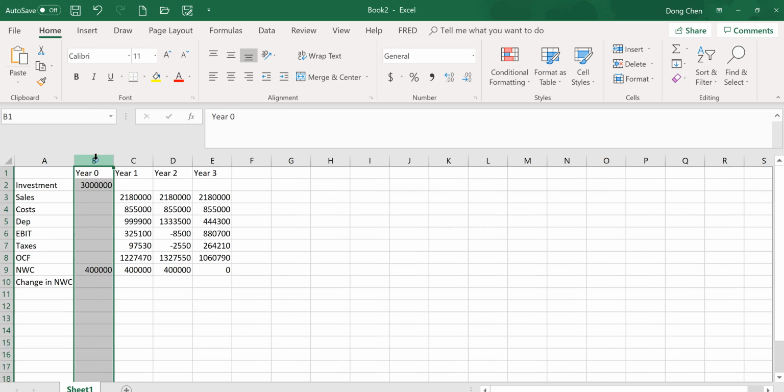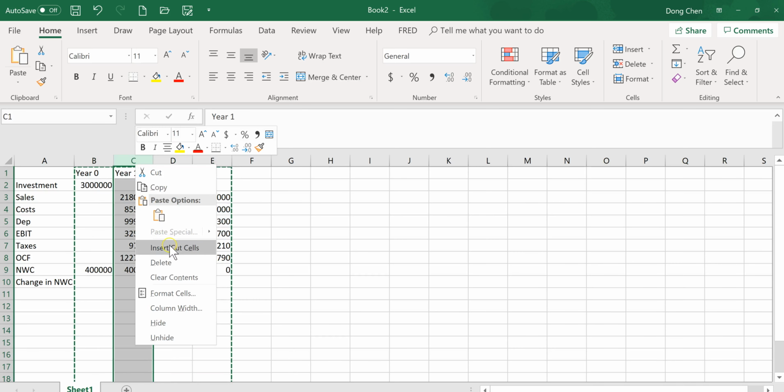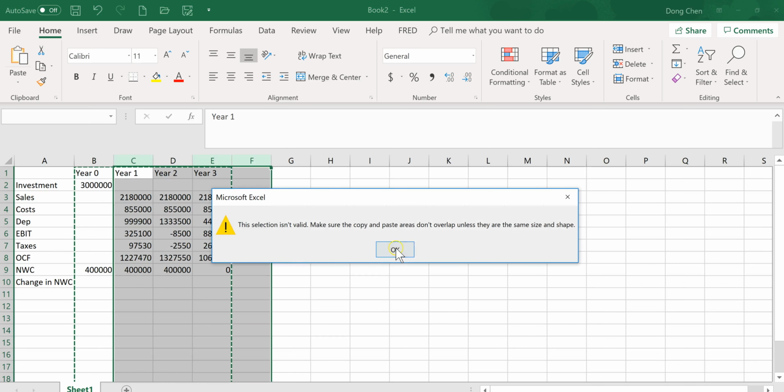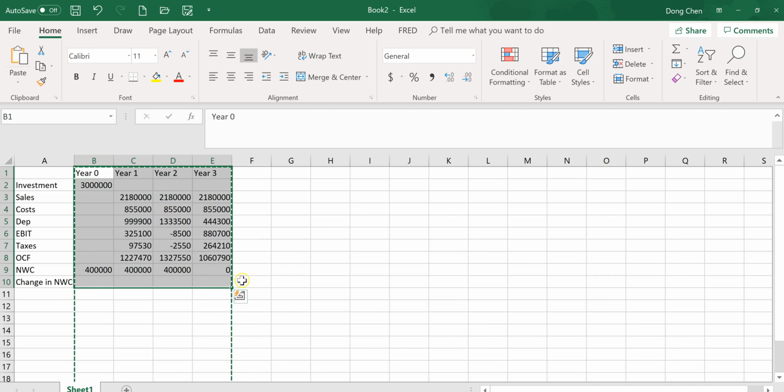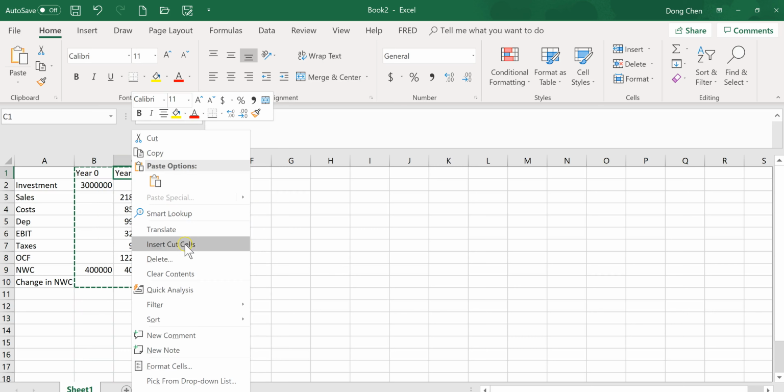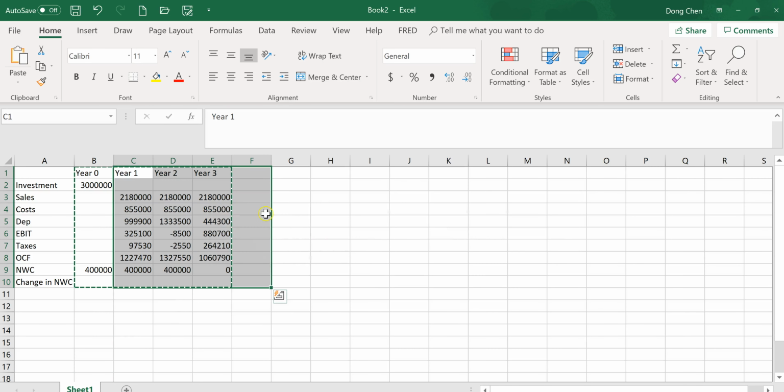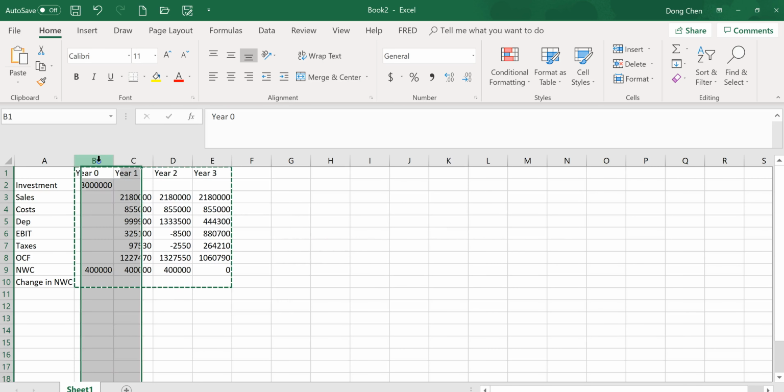In order to do that, let me move these cells one column right. Oh, why don't I do this?